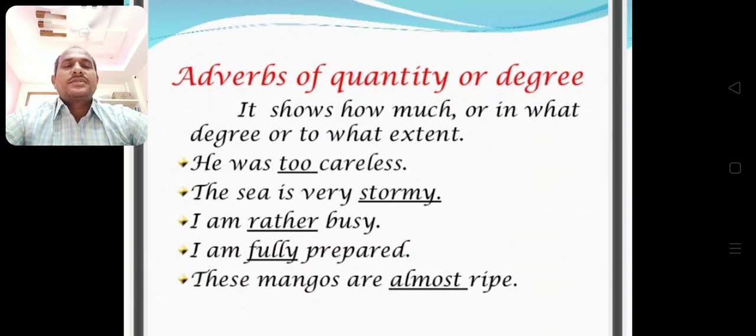These mangoes are almost ripe. These are the examples of adverbs of quantity or degree. Too, very, rather, fully, almost are the examples of adverbs of quantity or degree.